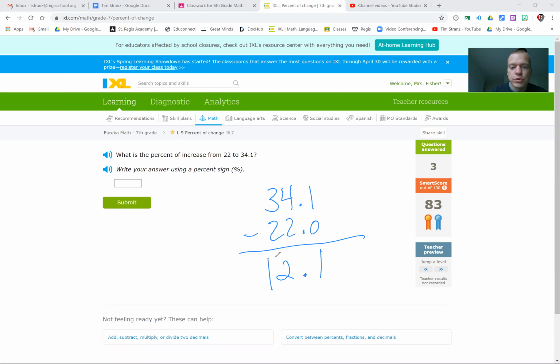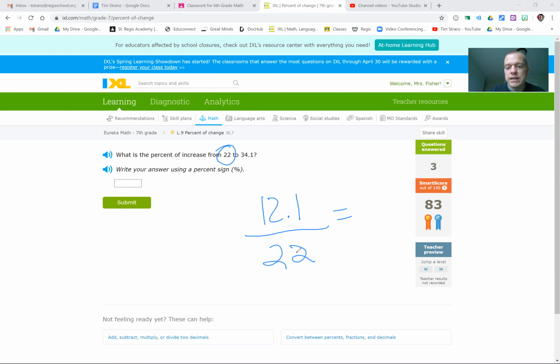So 12.1 divided by your original amount, 22, and you get 0.55, which is 55%. So we're going to do 55%.